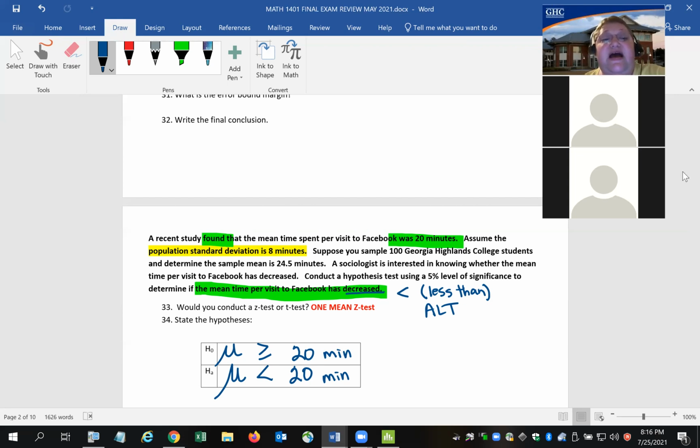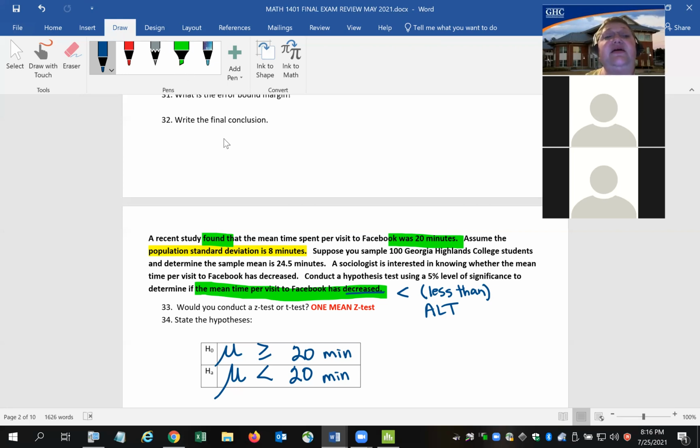Then we identify all of the information from the scenario. To conduct the problem, we need our population mean, which comes from the hypothesis. So that's 20. The population standard deviation is given, I have it highlighted in yellow, it's 8.